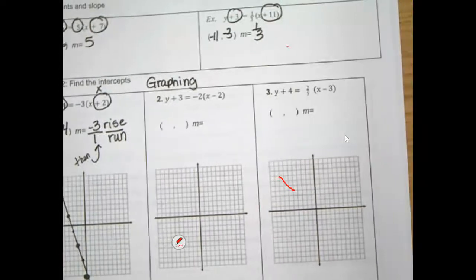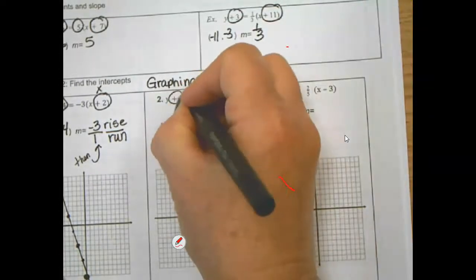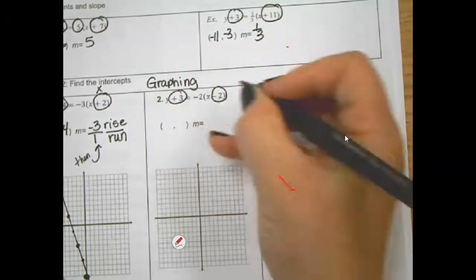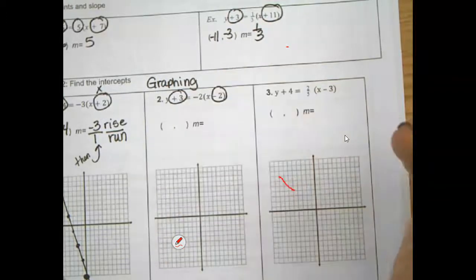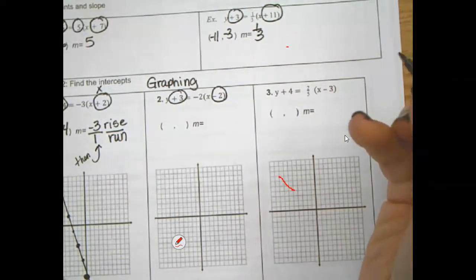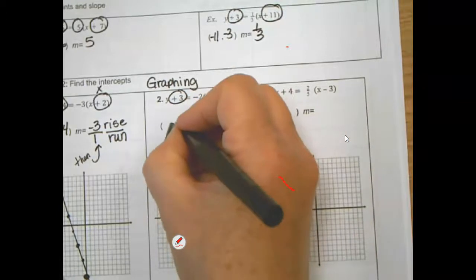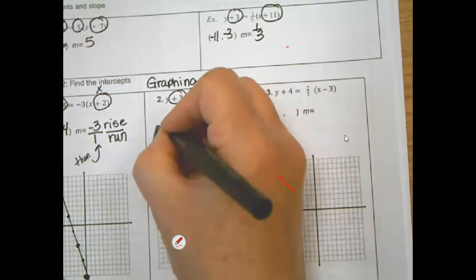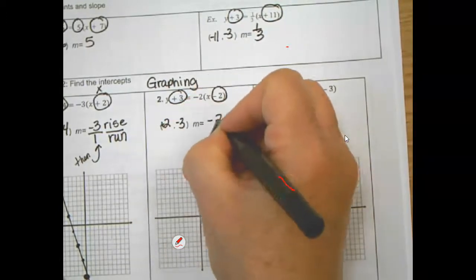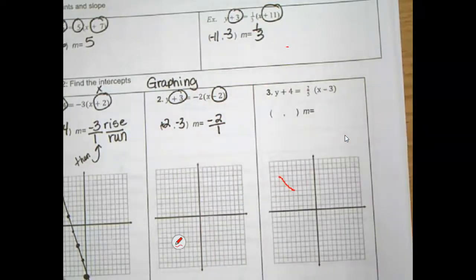All right, so here, again, this is my y, this is my x. When I put it back into the ordered pair, it's going to become their opposites. So the y is -3, the x is a +2. My slope is -2 or -2 over 1.